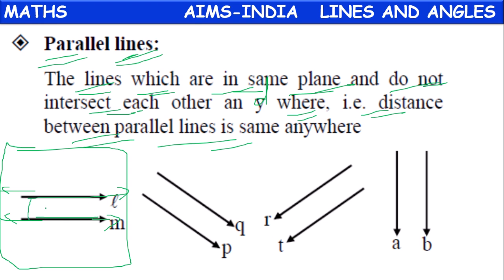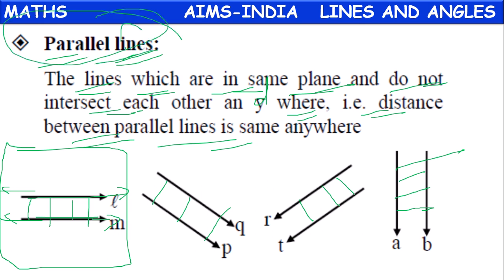If you check the distance between the lines anywhere and it is the same everywhere, and they won't intersect at any place, then they are said to be parallel lines. Means the lines which never intersect are called parallel lines.